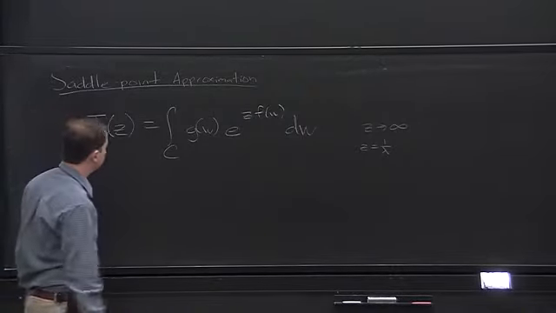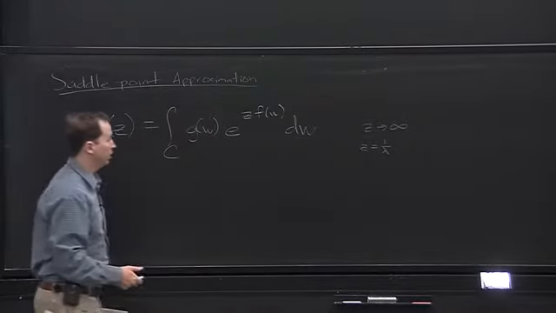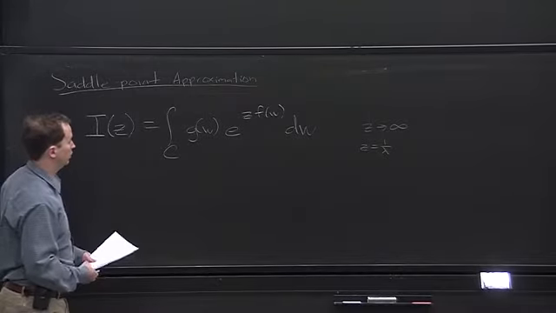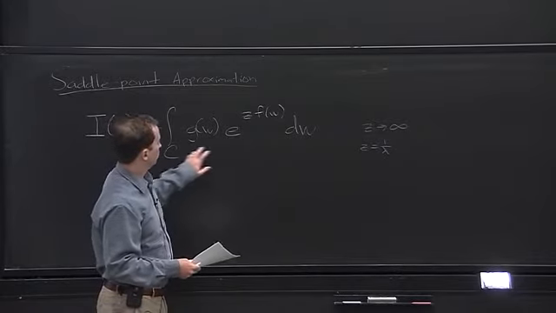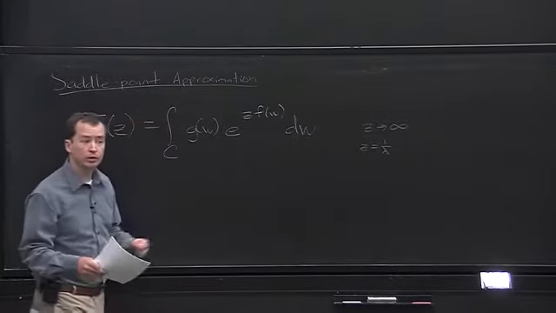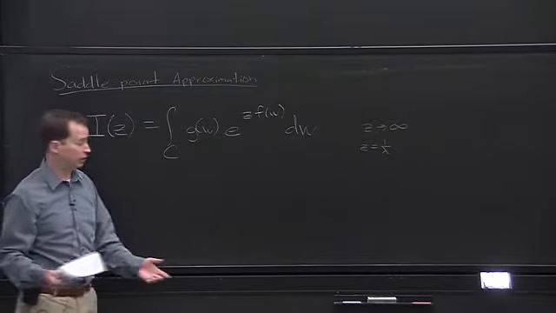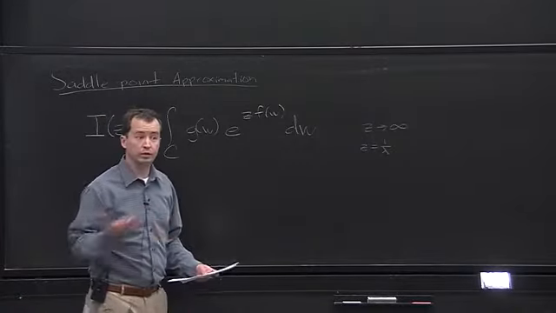And so the main complication that comes from making this integral complex, as opposed to having a real integral, is that for integrating along the contour, the phase could be oscillating. If the phase is oscillating, then we can get destructive interference.